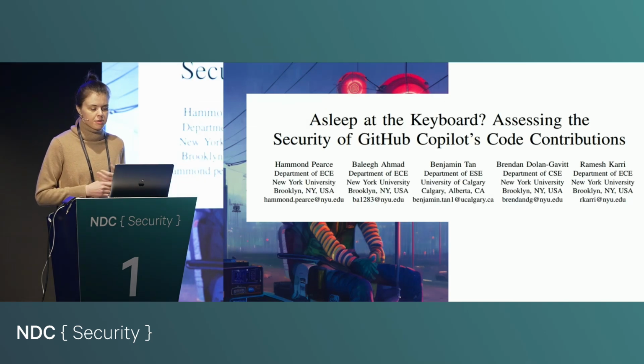And this paper, published by Pearce and collaborators, goes on to quantify how often Copilot generates code that's, for example, susceptible to some kind of memory bugs or other kinds of issues.